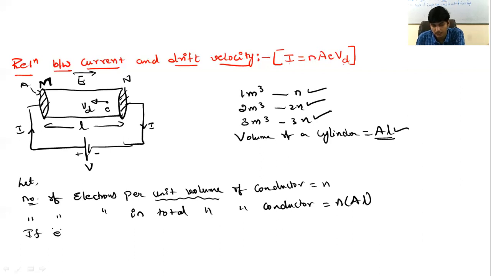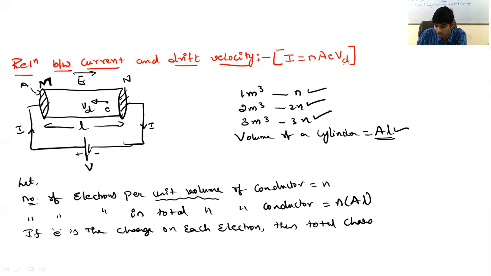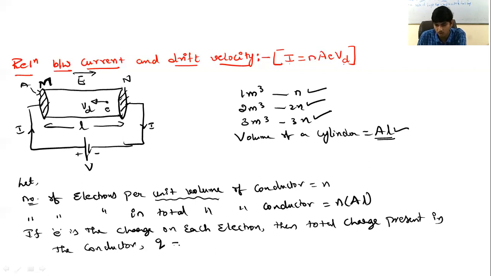Now, if e is the charge on each electron, then the total charge present in the conductor is Q. If e is the charge on each electron, on 1 electron the charge is e.